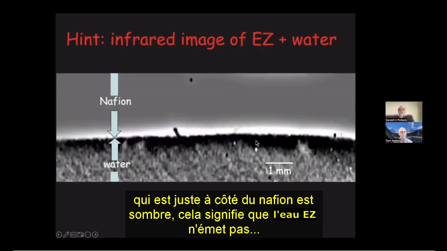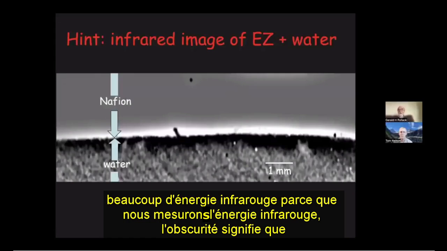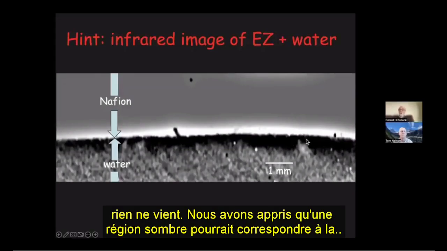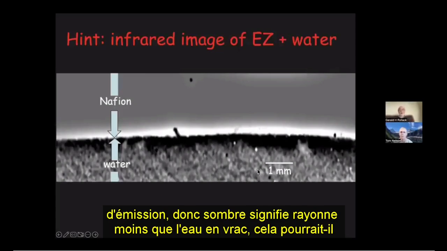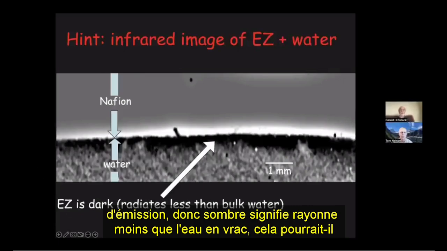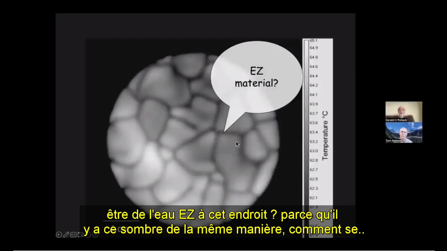It means the EZ is not emitting very much infrared energy, because we're measuring infrared energy. Dark means nothing's coming. A dark region, we learned, could correspond to the EZ region, whereas the ordinary liquid water region shows a lot more scattering, a lot more emission. So dark means radiates less than bulk water. Could this be EZ that we have here because it's similarly dark?